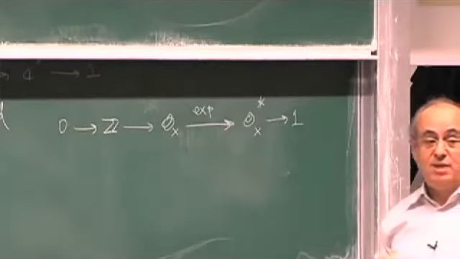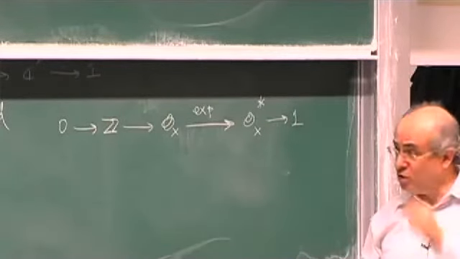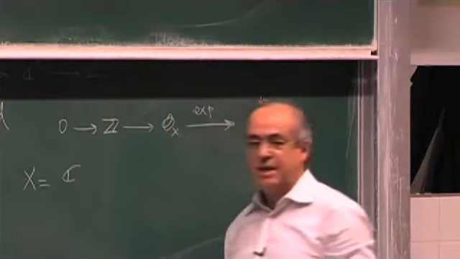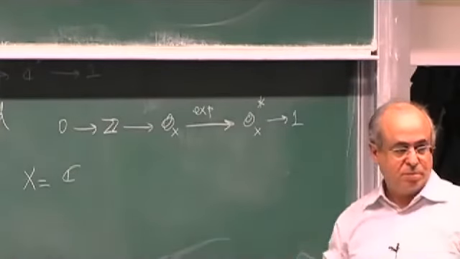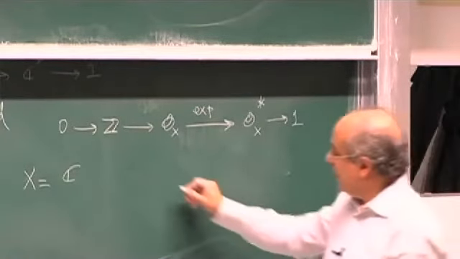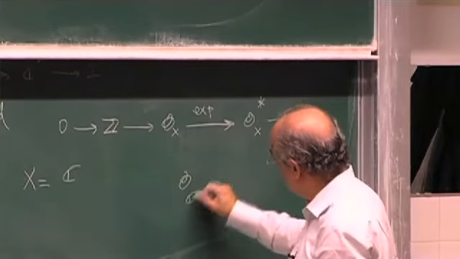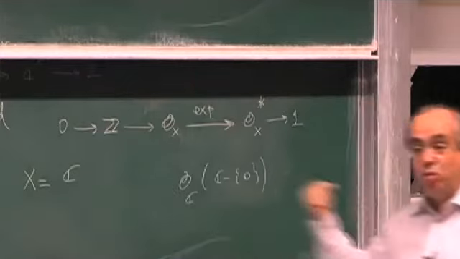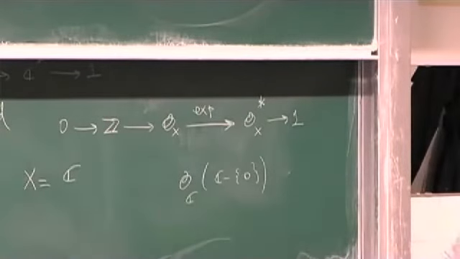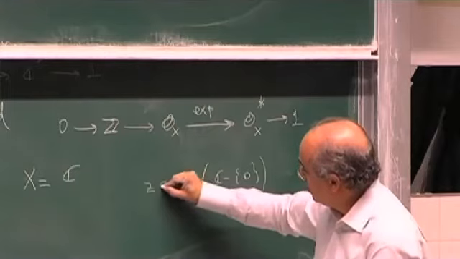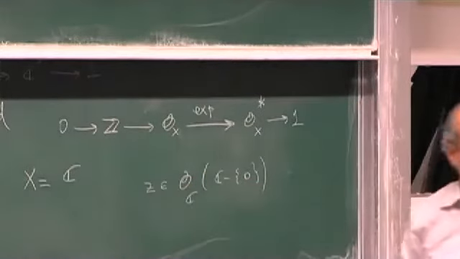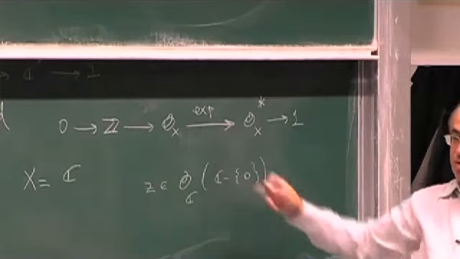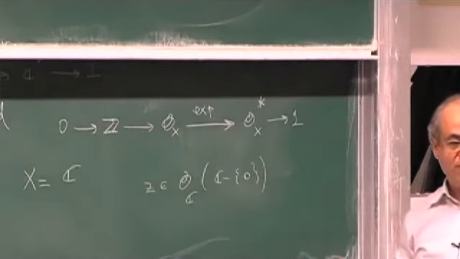Now, this is not exact in the sense of presheaves, because, for instance, if you take this example where X is just the complex numbers, so the base manifold is the complex numbers, and we consider the open subset that we obtain by removing the zero, and we consider the section z, meaning the standard coordinate on C. This is not in the image of the exponential because of the usual problem with the logarithm, which is multi-valued.